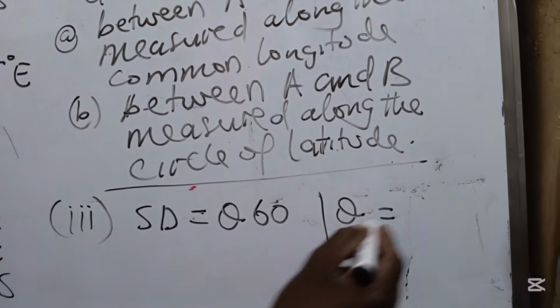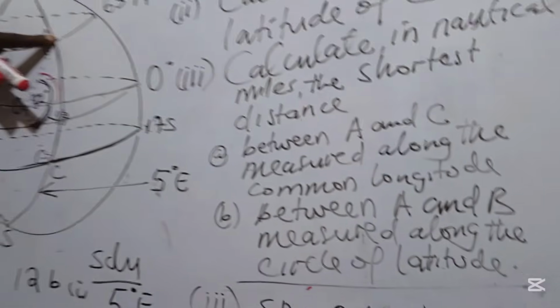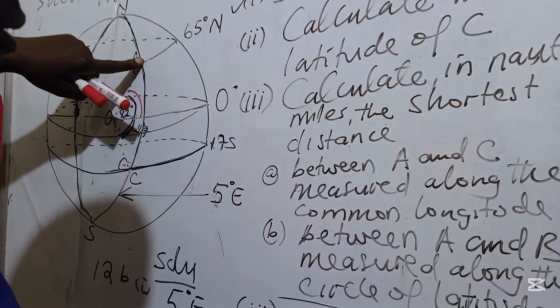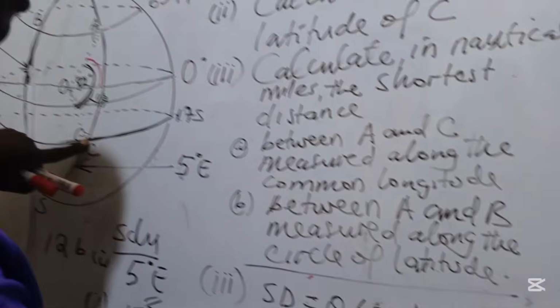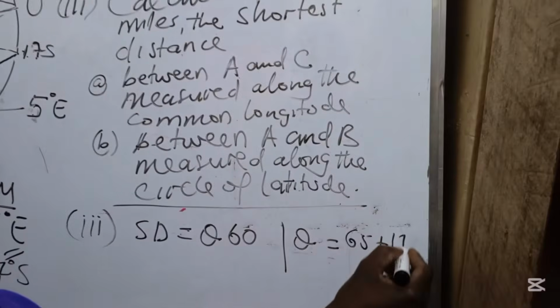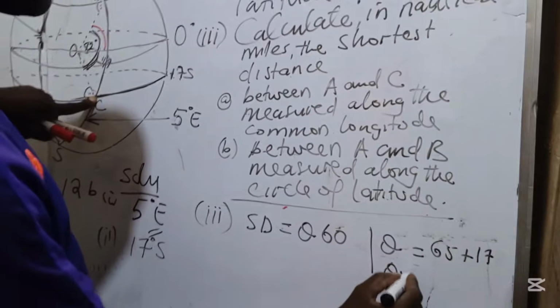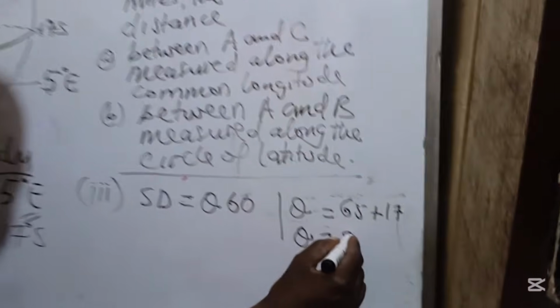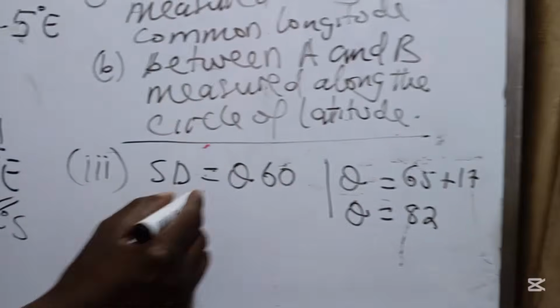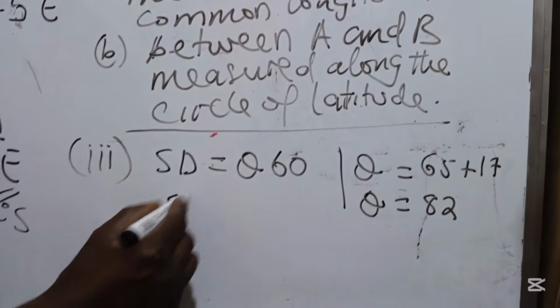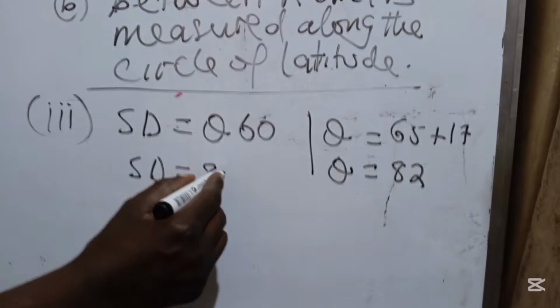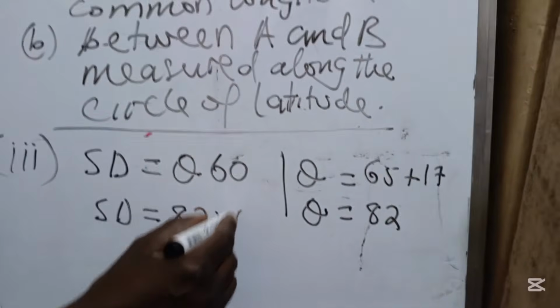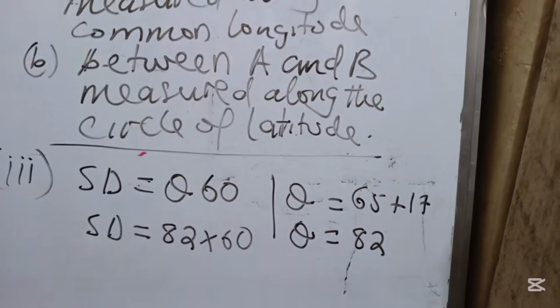Theta is equal to A on 65 north plus C, which is now on 17. If you do the needful, you are going to get 82. So the shortest distance is equal to this 82 multiplied by 60.